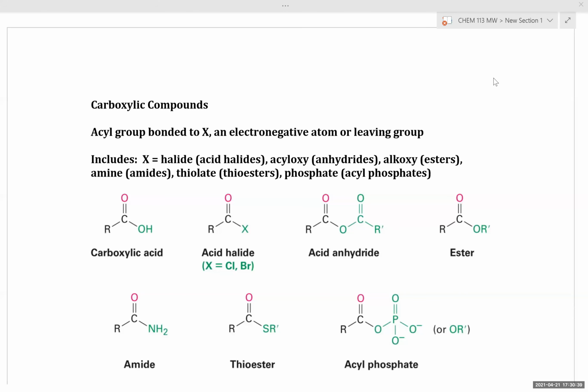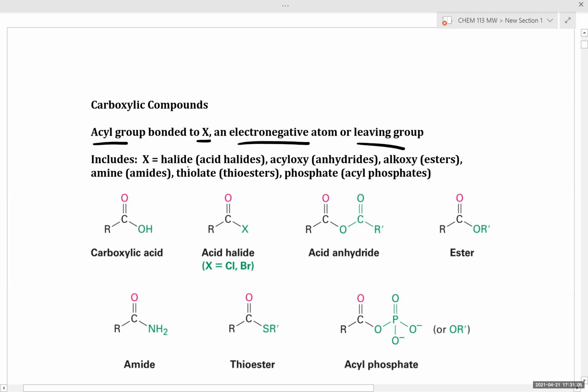So in chapter 21, we're discussing carboxylic compounds, or compounds containing either a carboxylic acid or a carboxylic acid derivative. Carboxylic compounds are defined as groups that contain an acyl group bonded to an atom X, which is typically an electronegative atom or a leaving group.